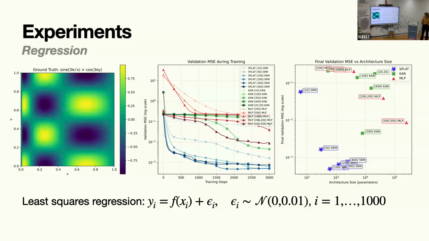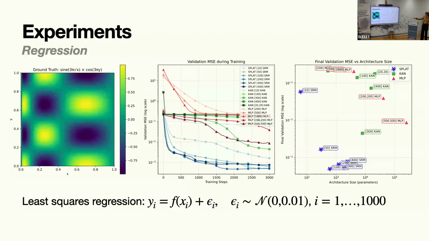And what we see is similar to our approximation theory experiments. There's very, very fast convergence and typically drastically improved validation error, even at much smaller model sizes.